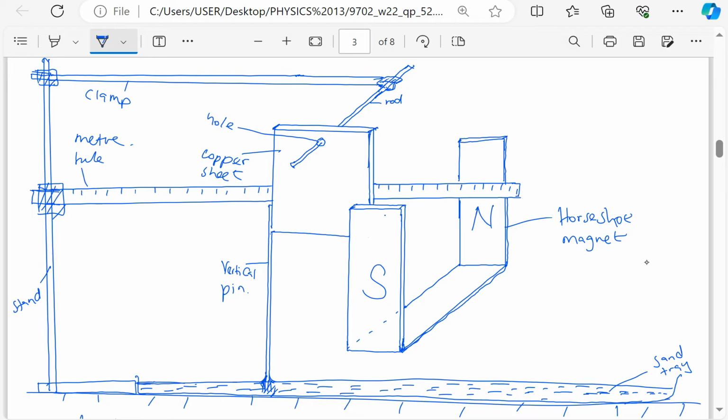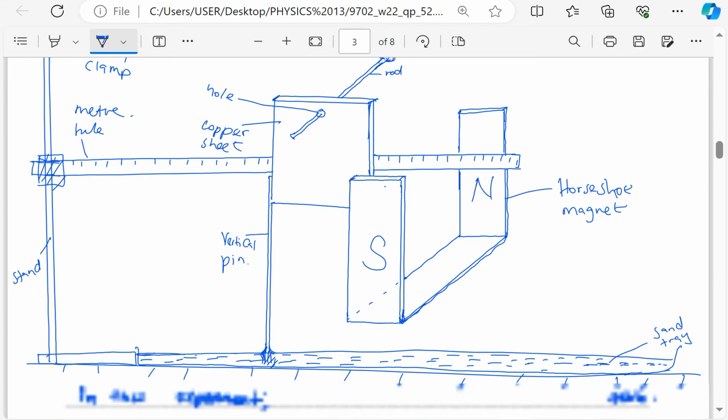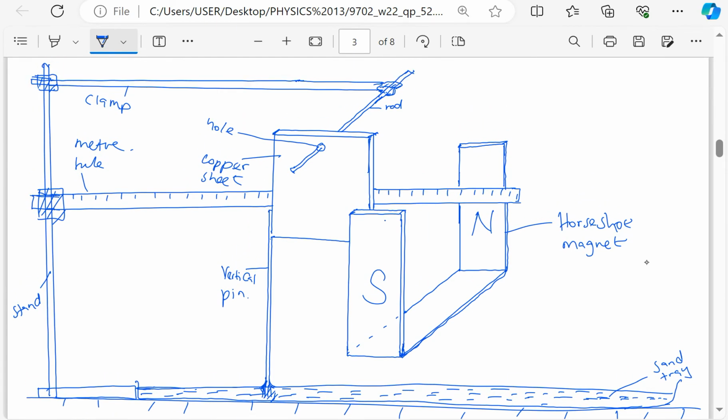I try to make my diagrams look very beautiful, but you can draw something that is reasonable. You may not think exactly the way I think because I'm a teacher, but still you can have a good diagram.